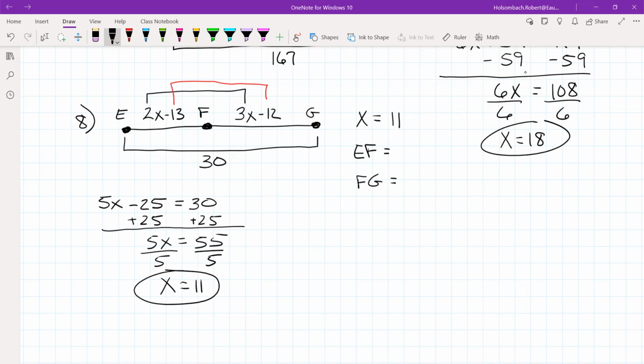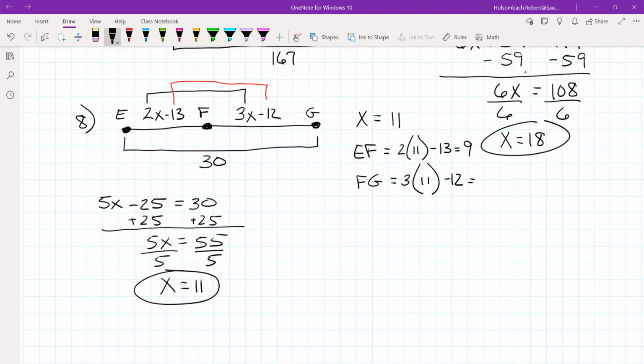Now E to F. E to F is 2 times 11 minus 13. So 2 times 11, that's 22 minus 13, which is 9. So E to F equals 9. Our F to G is going to be 3 times 11 minus 12.